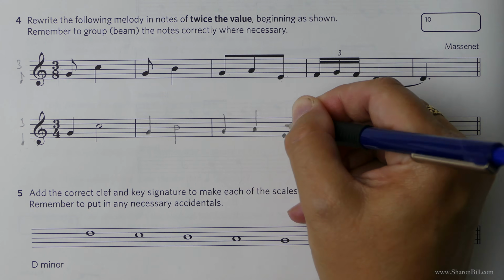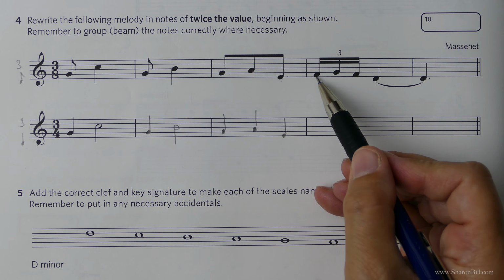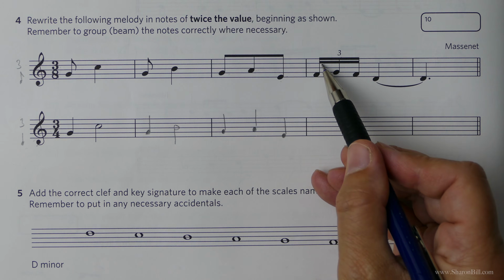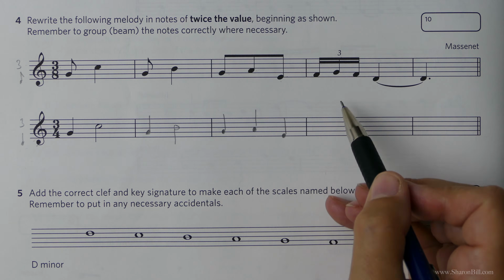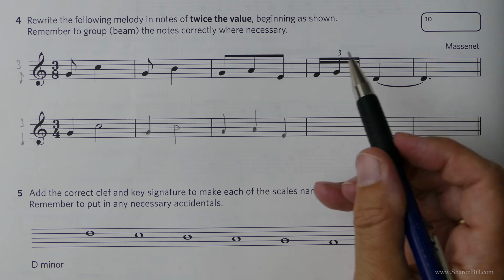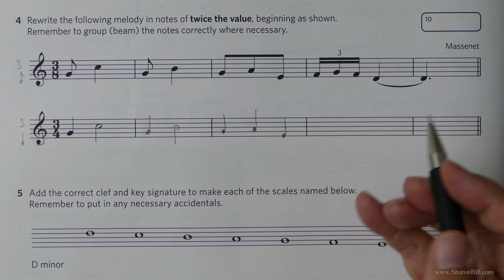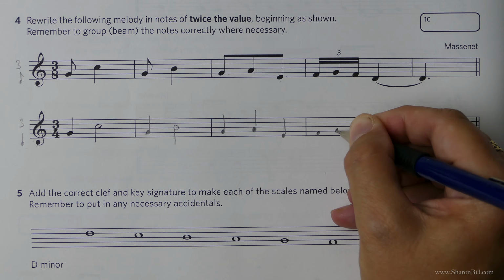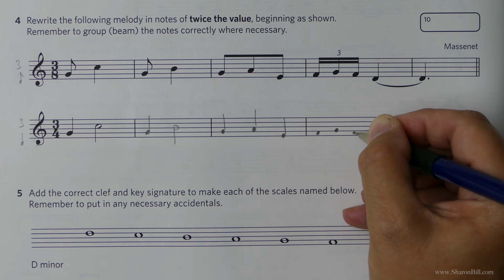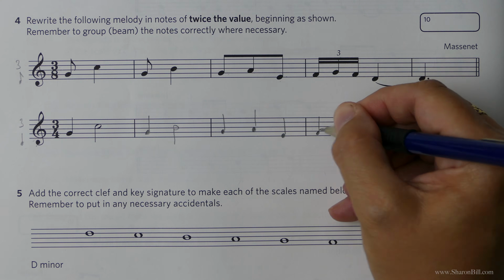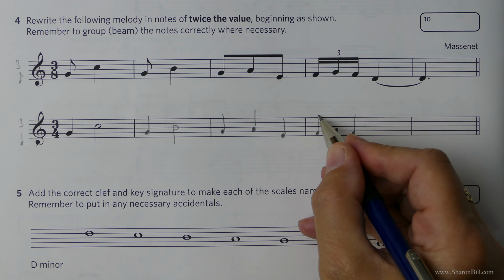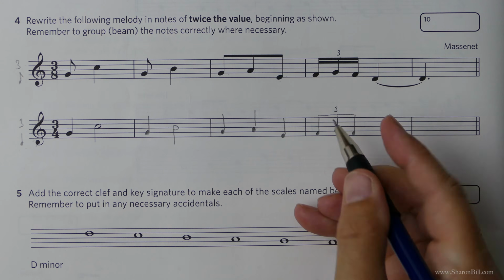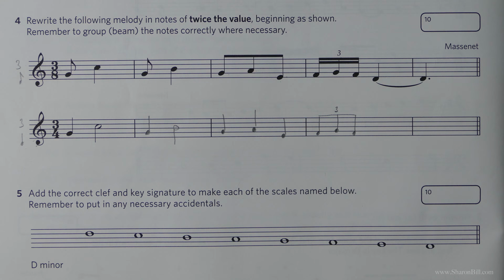Now here we have a triplet, so we're still going to need the triplet sign, but we're going from semiquavers to quavers, or 16th note to 8th note, so we'll just lose one of those beams. So we want F, G, F. We'll still beam those together with a triplet, but it only needs one line, not two.